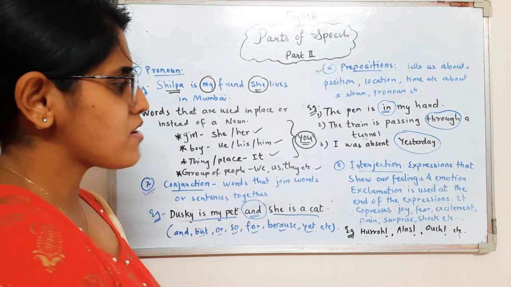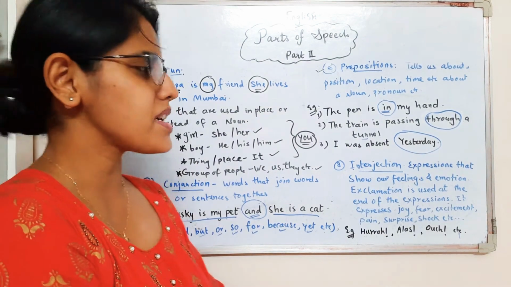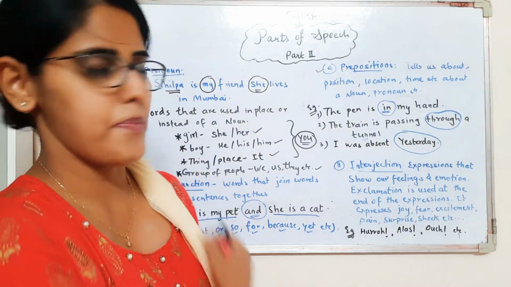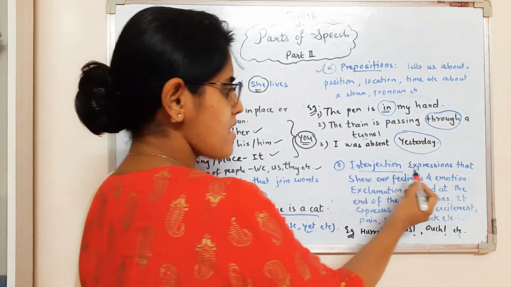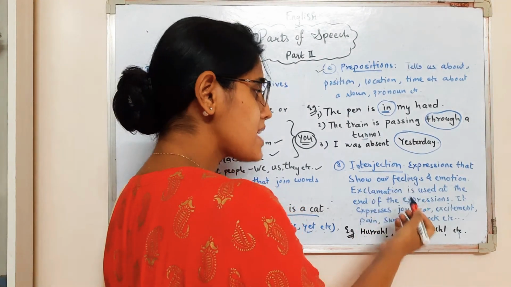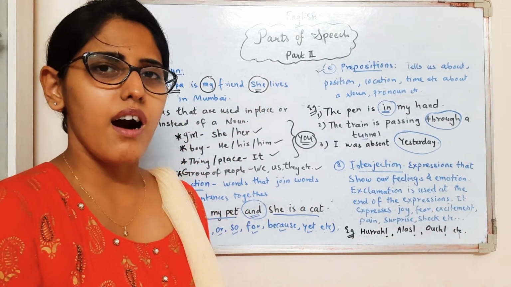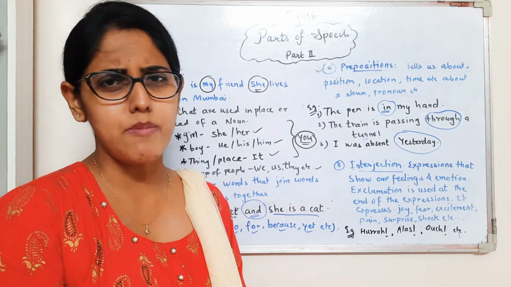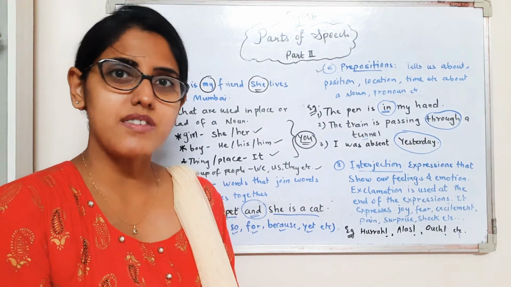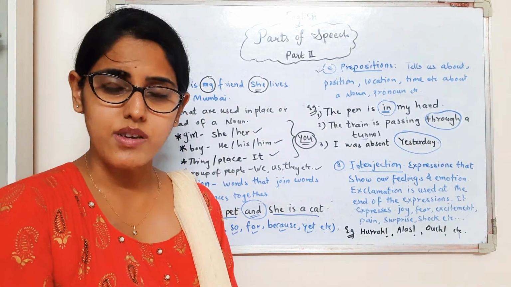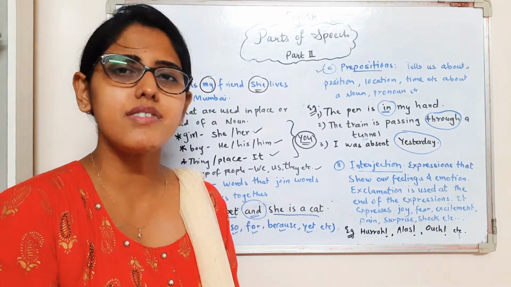Now let us move on towards our last part of speech, that is interjection. Interjections are expressions that show our feelings and emotions. We sometimes are happy, we sometimes are sad, we sometimes are surprised, we are sometimes shocked, sometimes we even feel very sad.